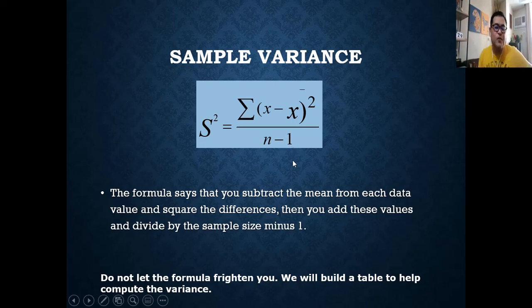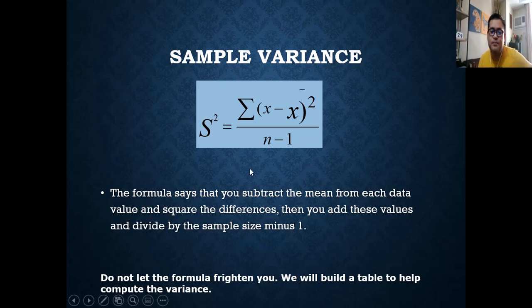The formula says that you have to subtract the mean from each data value and square the difference. So get first the difference of the score and the mean, then square. Then you add the values and divide by the sample size minus 1. Do not let the formula frighten you because this is easier when you do it in a table.